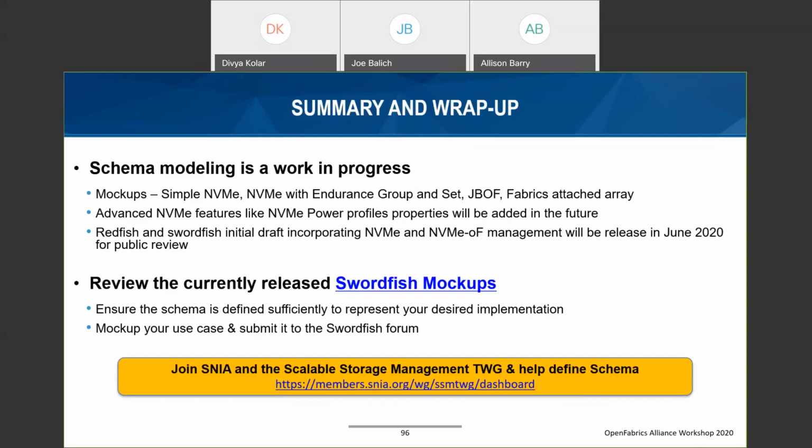Redfish and Swordfish are planning to release a draft that incorporates NVMe and NVMe-oF fabrics management in June of 2020. Those will be available for public review then, and please go to swordfishmockups.com and the SSM working group to ensure that schemas are defined sufficiently and they can cater to your use cases.